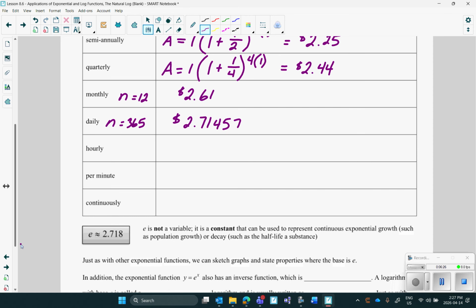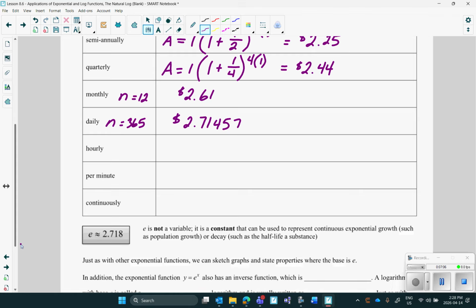Because hourly, well, how many hours are in a year? You'd have to do 365 times 24. It would be 8,760.